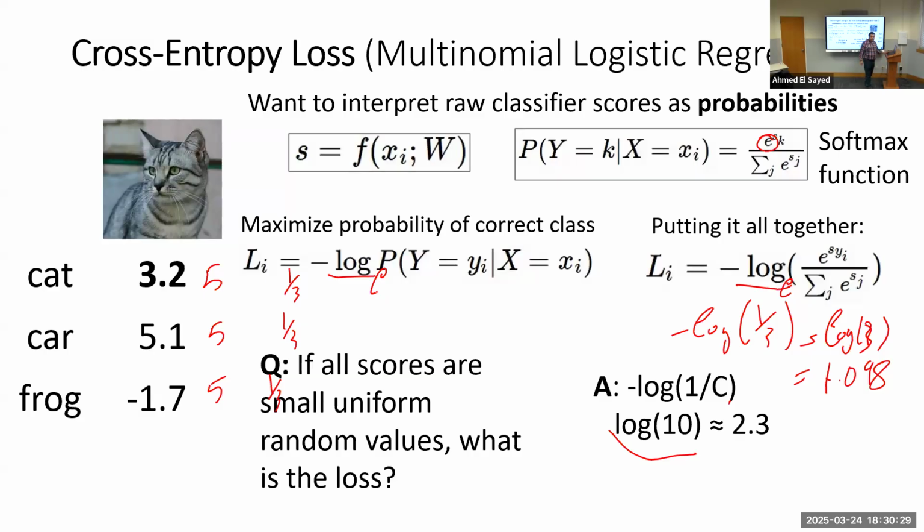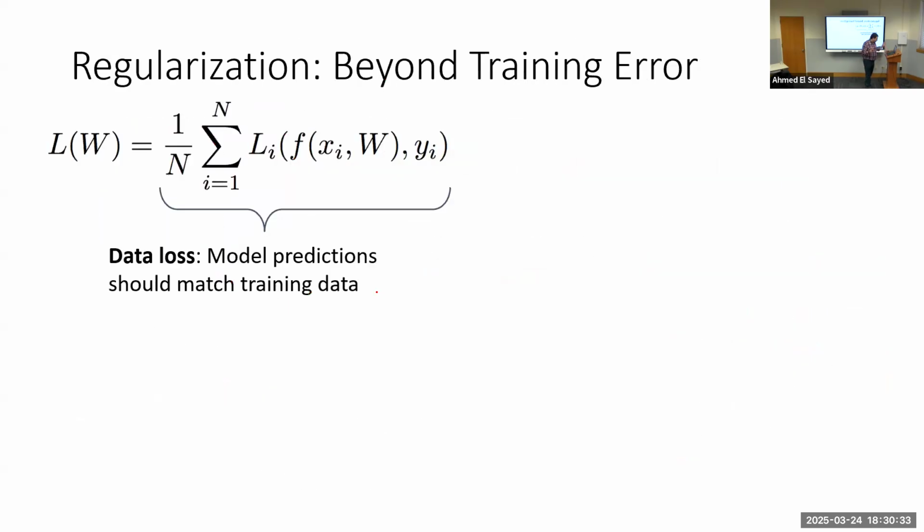Any questions so far? Okay. Now I have my loss function. I learned now that I have 2 loss functions for the classification problem. One of them has some troubles, which is the SVM, but as I said, we will need it at some point.